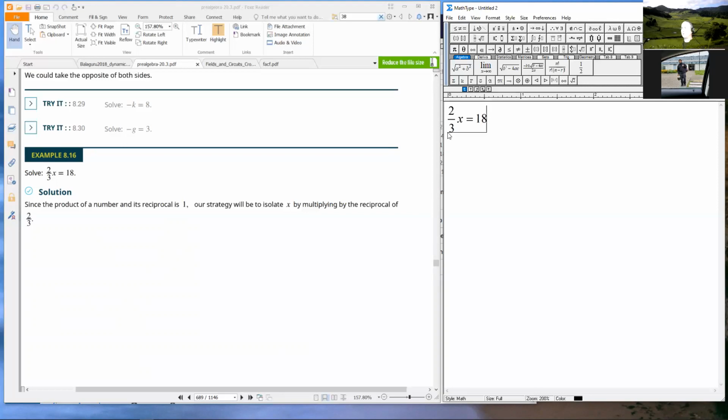So we know we have to get rid of the 2, so we can say, well, let's divide through by 2 on both sides of the equation, and this becomes 18 divided by 2, because we're dividing through by 2.